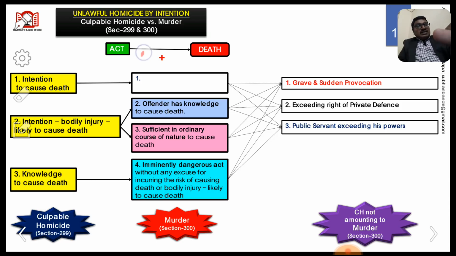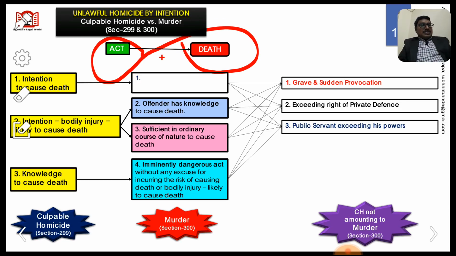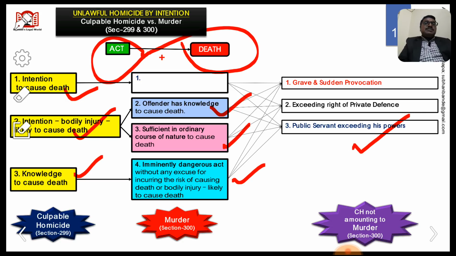If a public servant through his act causes the death of another person with intention to cause death or with the intention to cause bodily injury, with the knowledge to cause the injury, and the offender has knowledge to cause the death, or such act is sufficient in the ordinary course of nature to cause death, or that imminently dangerous act, but that act is done by the public servant exceeding his powers, it amounts to culpable homicide not amounting to murder.